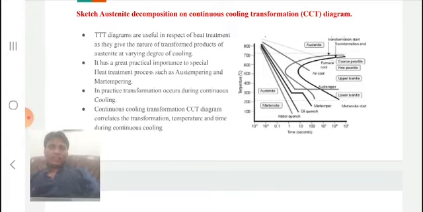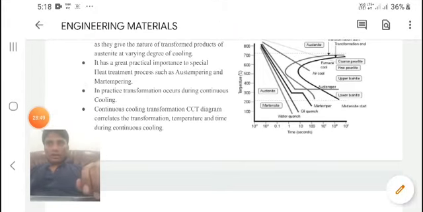These straight lines coming down indicate that the temperature is reducing with respect to time.